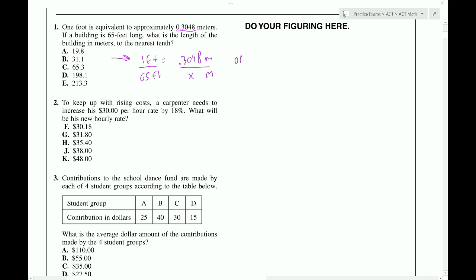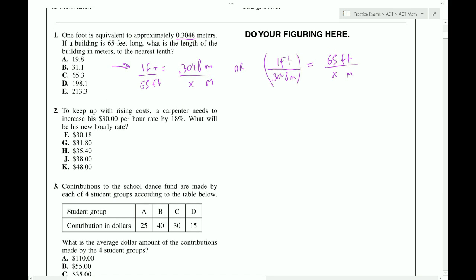I could have also done it this way, where I write 1 feet is equivalent to 0.3048 meters, and then that equals 65 feet over x meters. This would also work, right, where I have my conversion factor written sort of as a fraction here? So either way, you can cross multiply to find the answer.